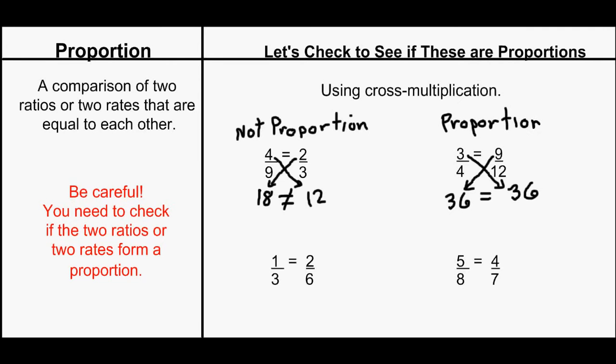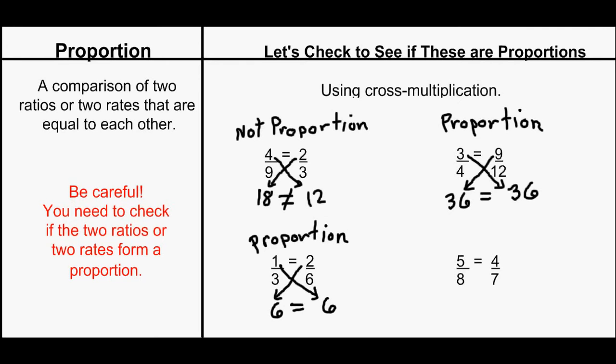Okay, let's try another one. Does 1/3 equal 2/6? 1 times 6 is 6. 2 times 3 is 6. 6 equals 6. This is definitely a proportion.